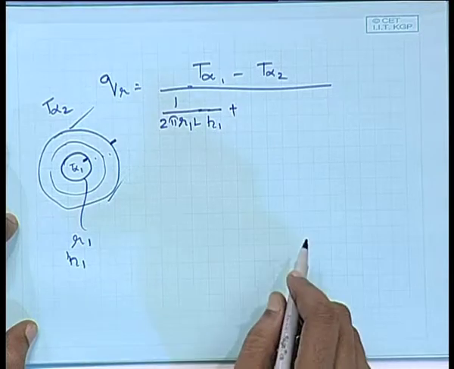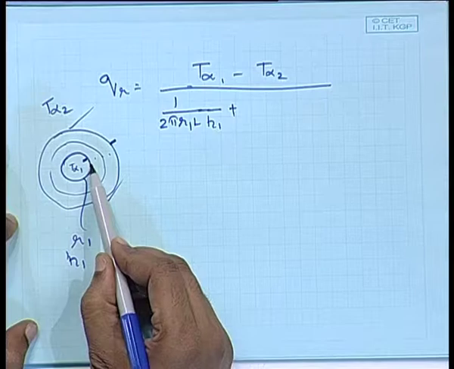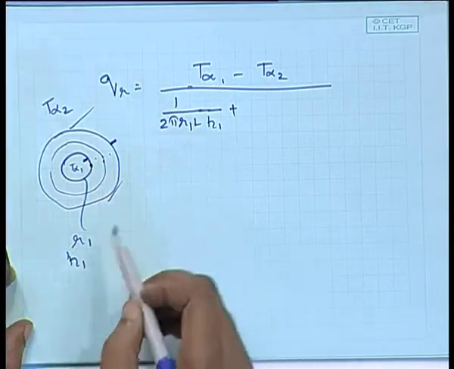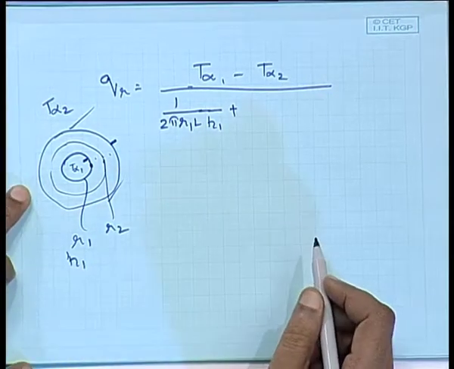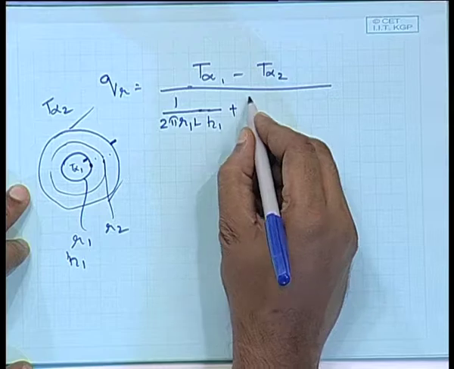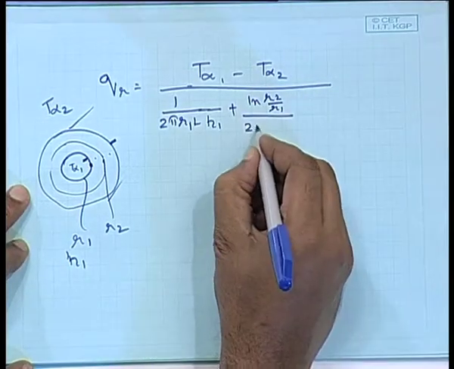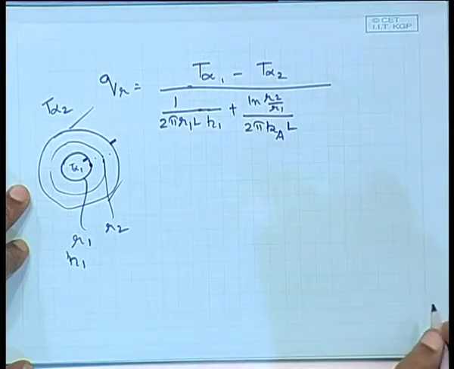What is going to be my second resistance, where this is R2 and this is R1? It is ln R2 by R1 divided by twice pi K of material A times L. Clear? That is the resistance form.